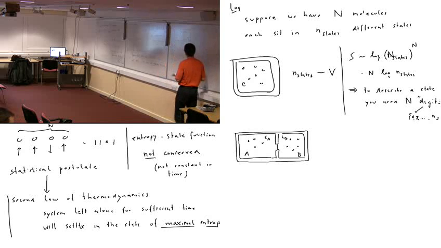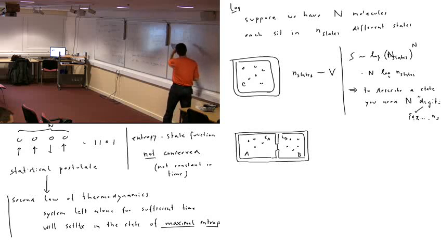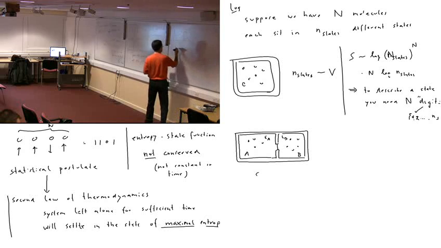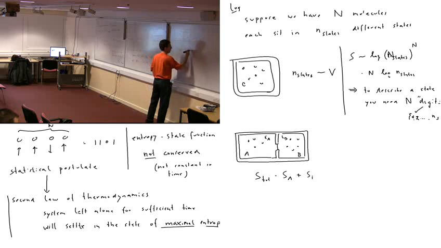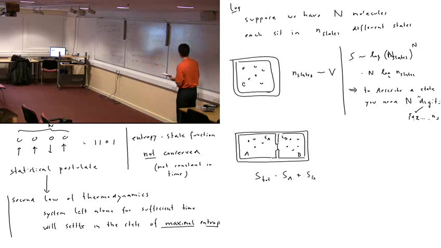And now the question is, how do we describe this second law of thermodynamics? Well, each of these boxes has a certain entropy associated to it. And there's a total entropy associated to these things. So S total is a sum of the entropy of the left-hand side and the entropy of the right-hand side.